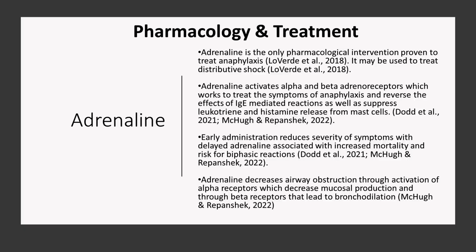As such, early administration is critical to reduce severity of symptoms, with delayed adrenaline associated with increased mortality. Delayed adrenaline is also associated with increased risk for biphasic reactions. So, adrenaline decreases airway obstruction through activation of alpha receptors, which decrease mucosal production, and through beta receptors that lead to bronchodilation.